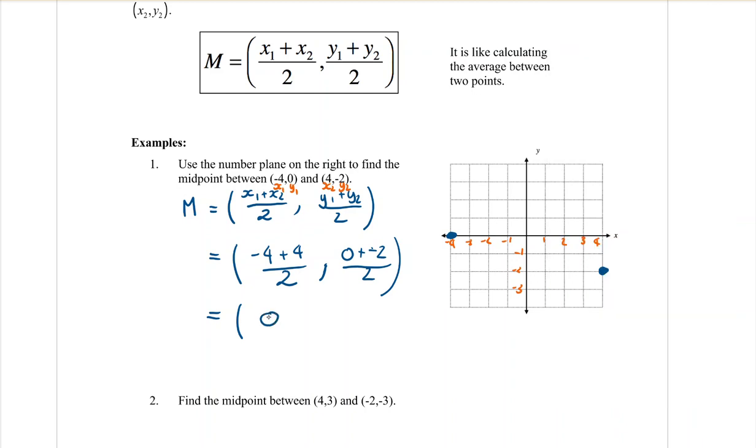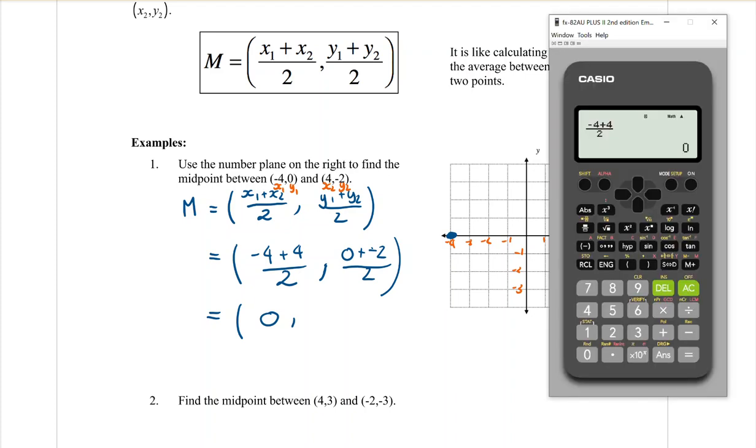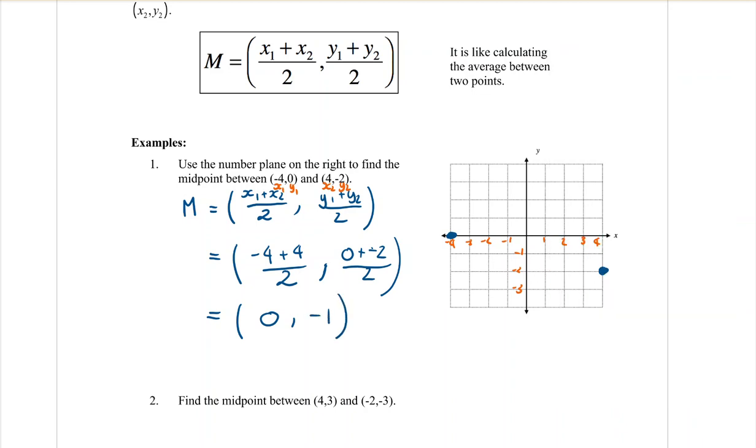So my first number is 0, then a comma, and now I type in the second fraction. 0 plus -2 all over 2 equals -1. It's called a midpoint because it is a point that we're trying to find. We have an x value and a y value, and the midpoint is 0, -1, which I positioned there on my graph, and it does look perfectly in the middle of those 2 points.